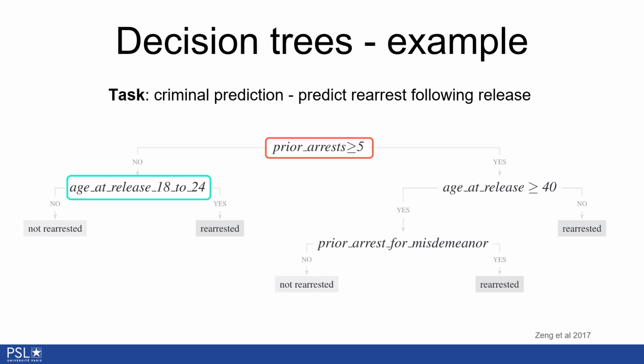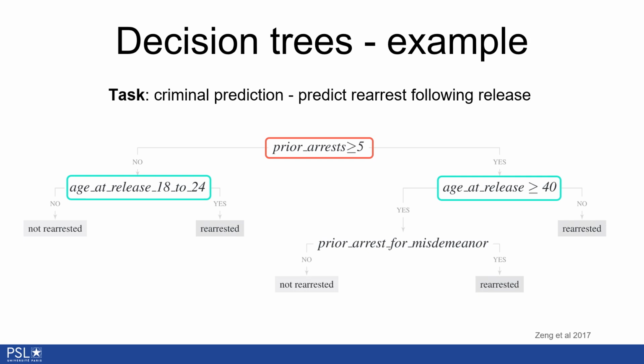If the number of prior arrests is larger than 5, then there's a second branch in the model, shown on the right. In that branch, the model looks at whether the age at release is more or less than 40. If it's more than 40, the model predicts high risk of rearrest.